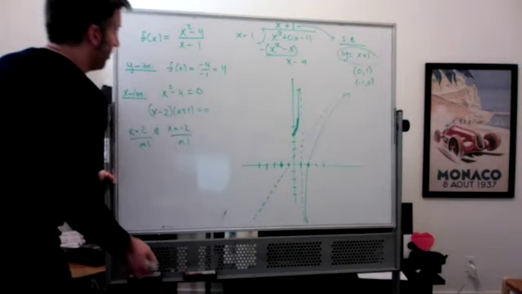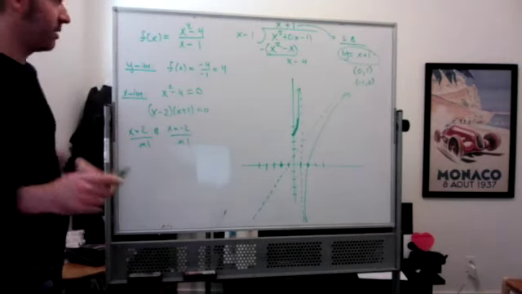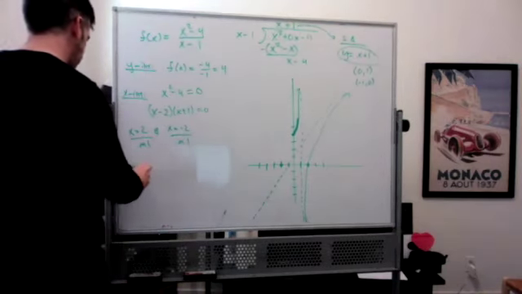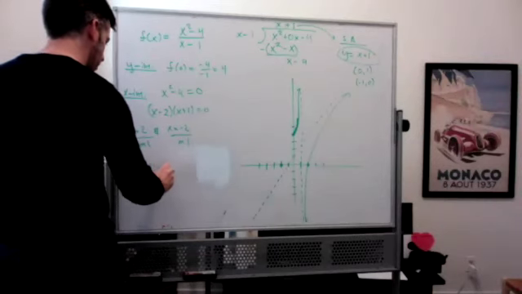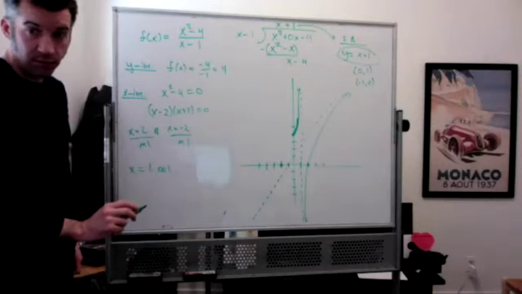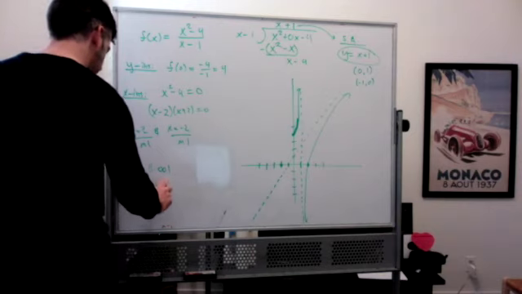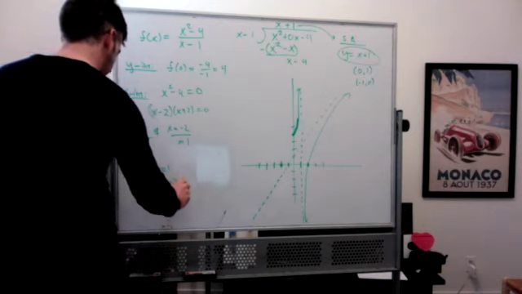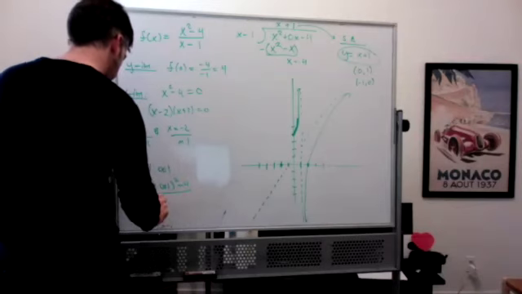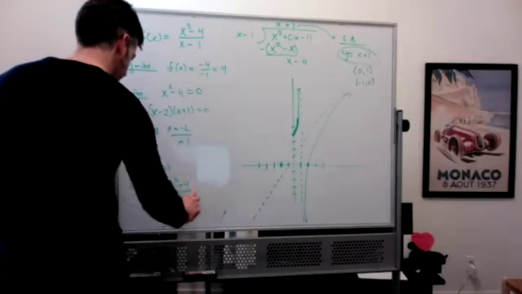If I were to plug in something crazy like, I don't know, if x were to be 1.001, for example, then my y value would be 1.001 squared minus 4 over 1.001 minus 1.